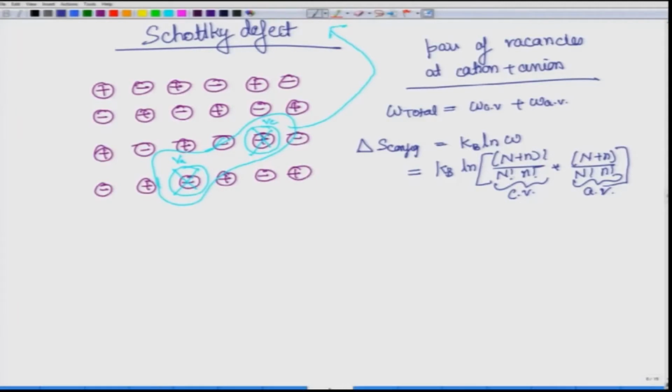So, instead of n we had n number of interstitial sites. Over here, this part becomes 2, so this becomes 2 KB ln.